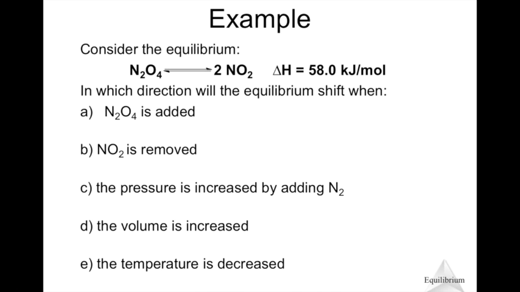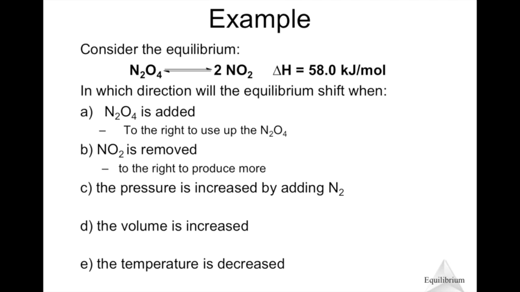So that means we have a surplus of reactants, and the system's going to work to get rid of that surplus, so the reaction is going to shift towards the right and use up some of that N2O4 and create more NO2. Vice versa, if we remove NO2, now we've got a dearth of products, so we're going to try to create more products, so the equilibrium is going to shift to the right.